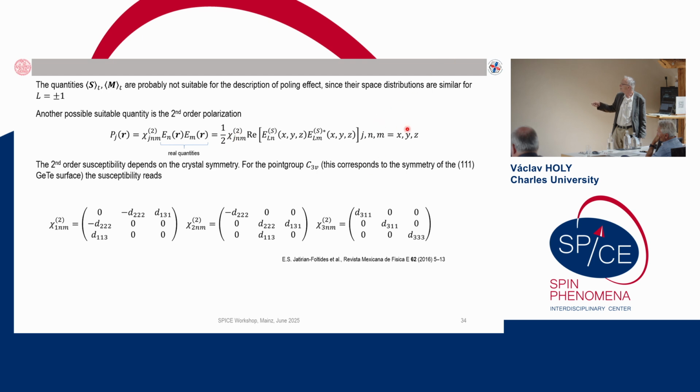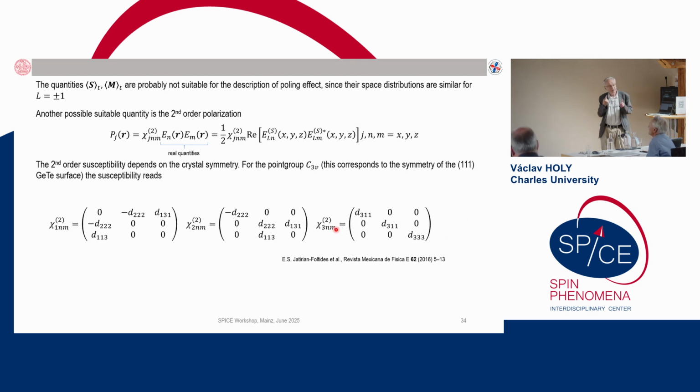J and M are X, Y, or Z. And of course, we don't know the values of this second order polarizability tensor, but from the symmetry considerations, it follows that for the point group C3V, which is the third order rotation axis and the vertical mirror planes, which describes the symmetry of the 1-1-1 plane of germanium telluride, the second order susceptibility tensor should have these non-zero components.